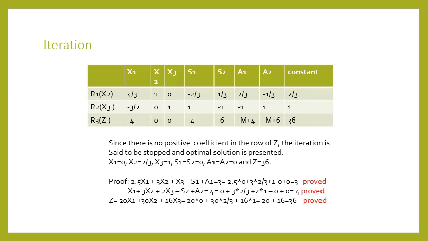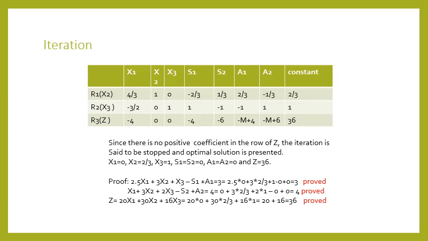Okay, the iteration is said to be finished. Since there is no positive coefficient in the row of Z, the iteration is said to be stopped.